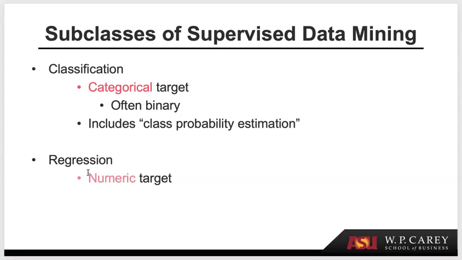So the key distinction between the two is the nature of the target. Either it's categorical, in most cases binary, or it is numeric, whether it has no order in it or there is an order in it. So that's how we distinguish classification from regression and regression from classification.